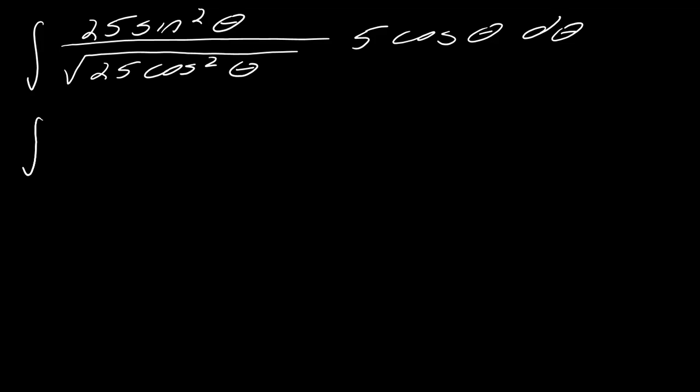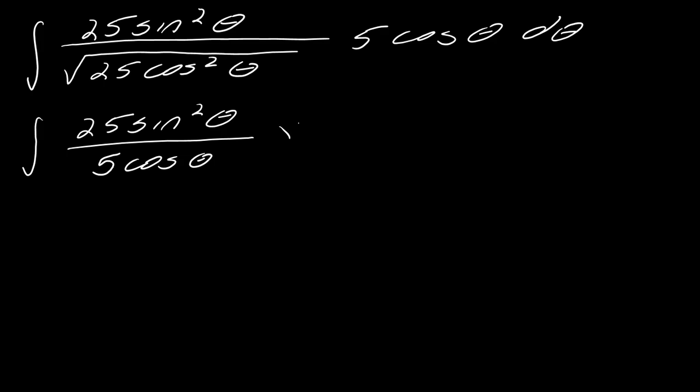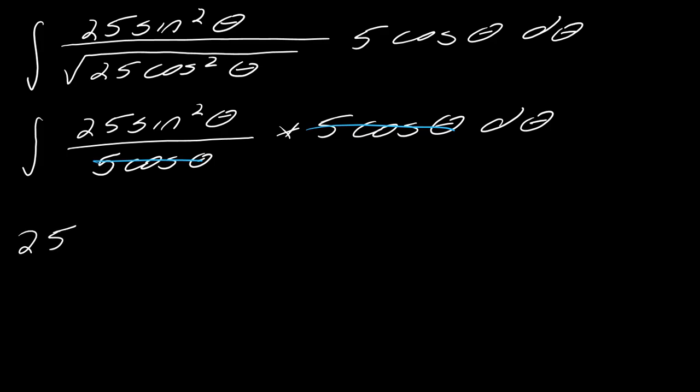So this will turn into 25 sine squared theta over 5 cosine theta times 5 cosine theta d theta. And from here, now I can see those 5 cosine thetas drop out. I can bring this 25 out here, and I just need to integrate sine squared theta d theta.